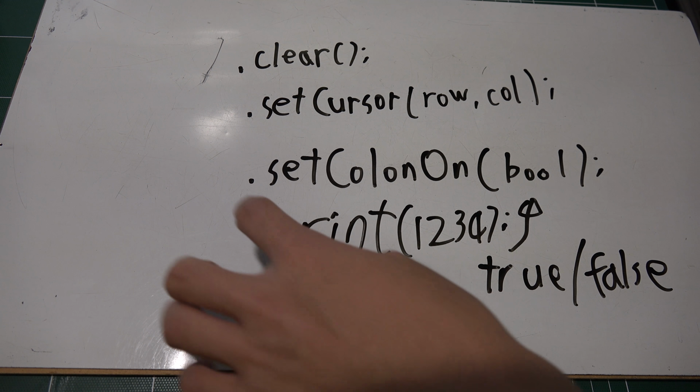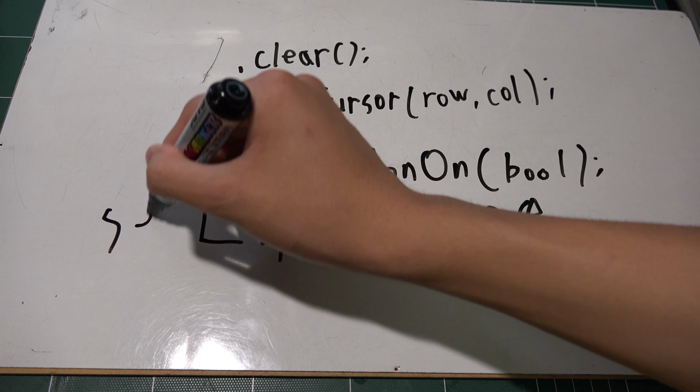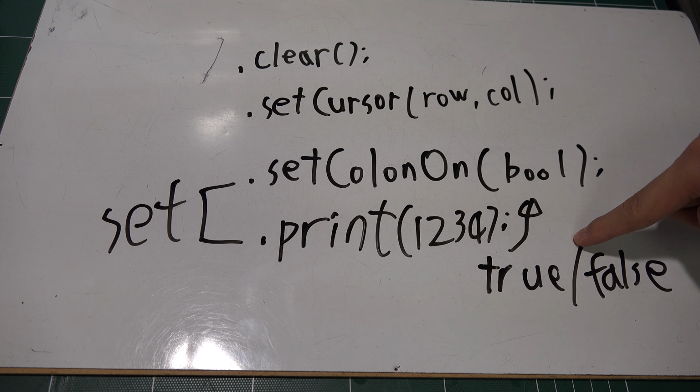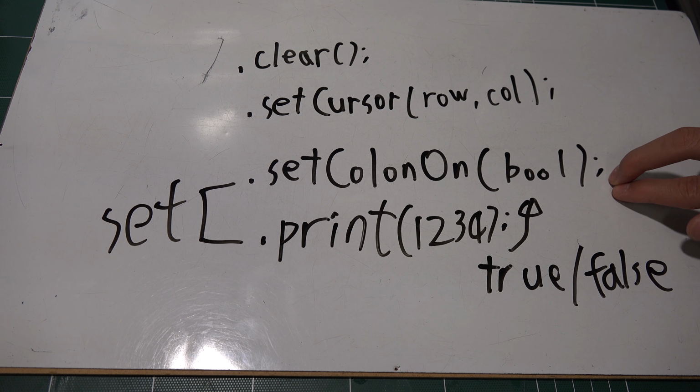You must write these two, the set and the print. If you just write this colon on, or if you write just print, you can't control the colon. You have to write them at the same time.